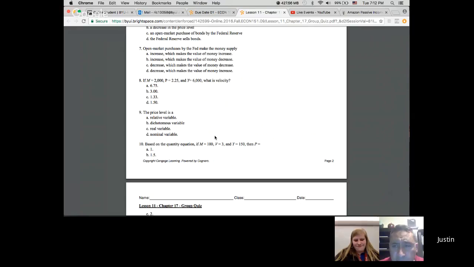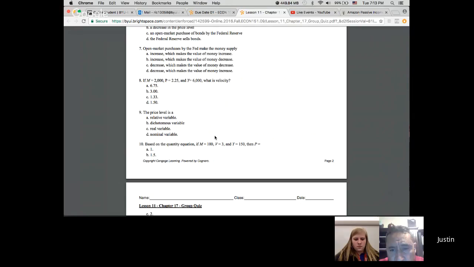It's 17.1E, the last paragraph. It says, yet classical analysis is right about the economy in the long run. Over the course of a decade, monetary changes have significant effects on nominal variables, such as the price level.